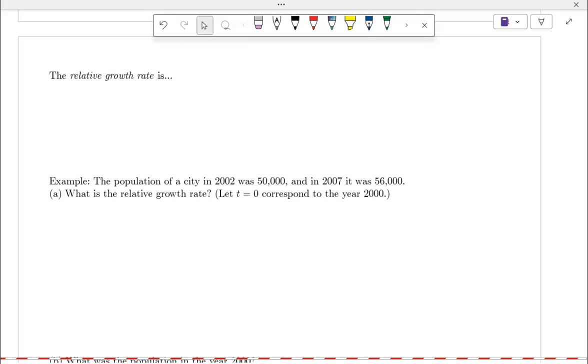But when you've got your general exponential model that we use with a natural exponential, the relative growth rate is this number right here. It's that constant, that coefficient on the t. So that k is your relative growth rate.